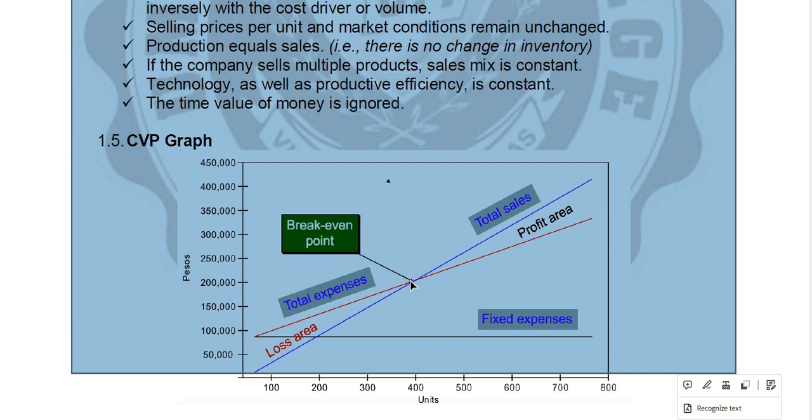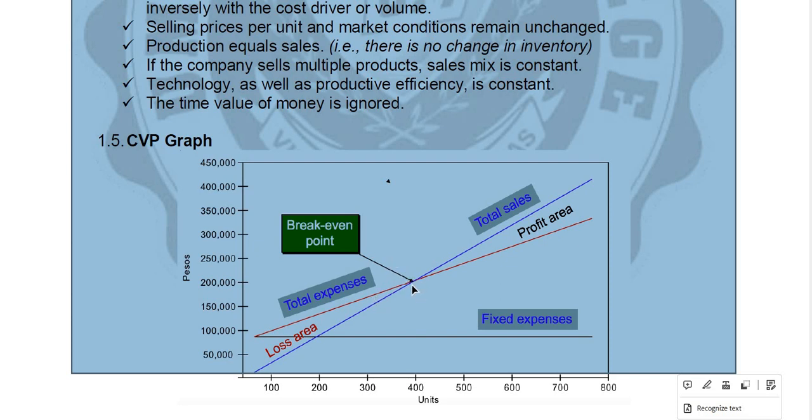That means at that point, for example here, almost 400 units, for almost 200,000 pesos in sales, if that is your sales, then you break even. No profit, no loss.